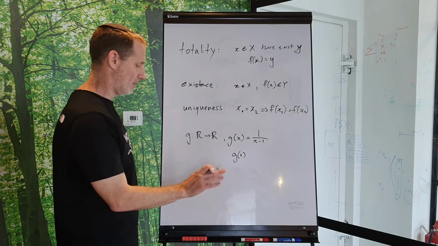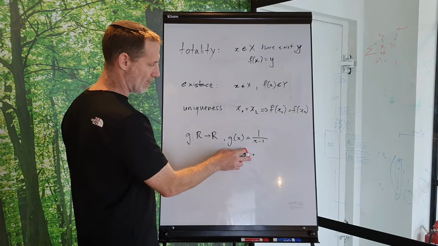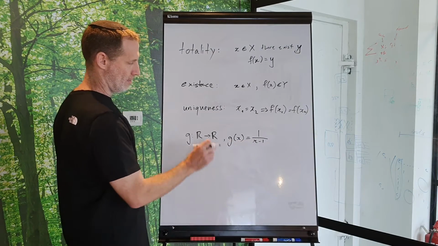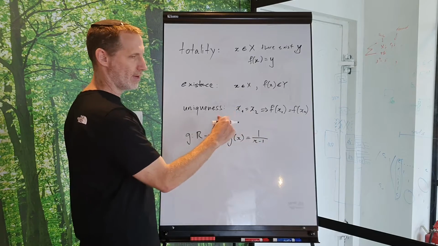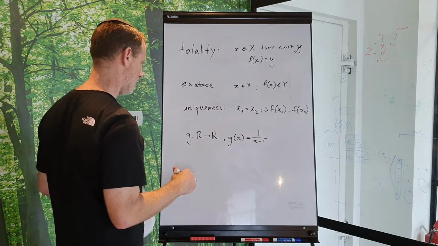So that's a problem of totality: I do have x, but g of x creates something that is not defined.